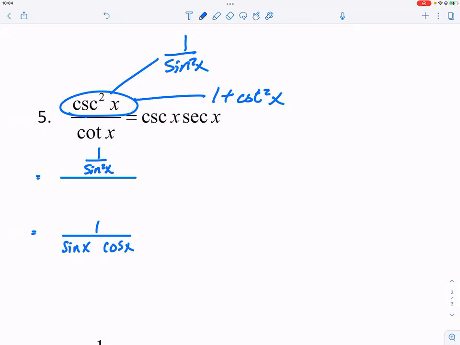1 over sine square x. And then cotangent becomes cosine x over sine x. Now, how many of you feel uncomfortable dealing with complex fractions? Raise your hand if you are uncomfortable. Just be honest. I was just like you, feeling uncomfortable.